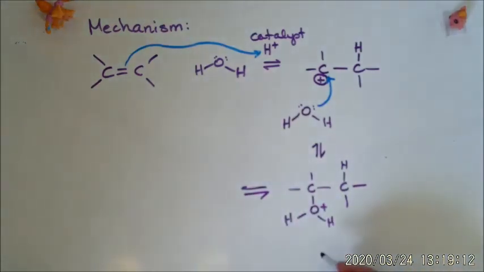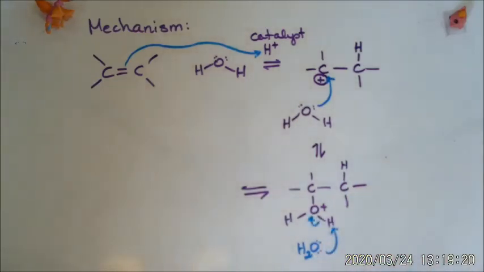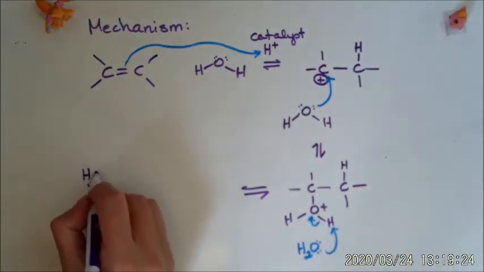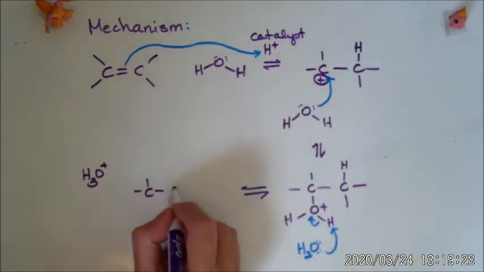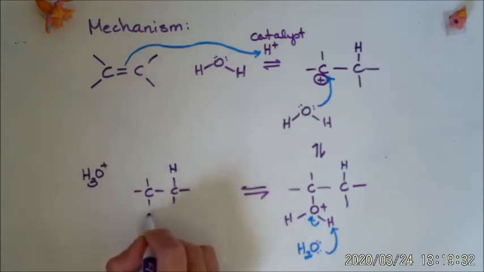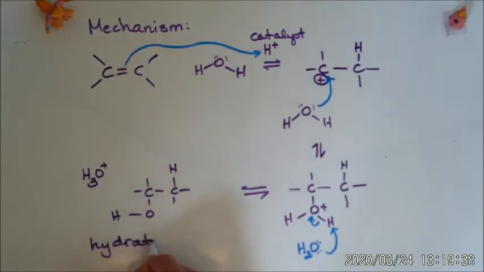And my solvent, again, which is water, picks up my acid, I regenerate my catalyst, and I get an alcohol in the process. So that's how you get hydration of an alkene.